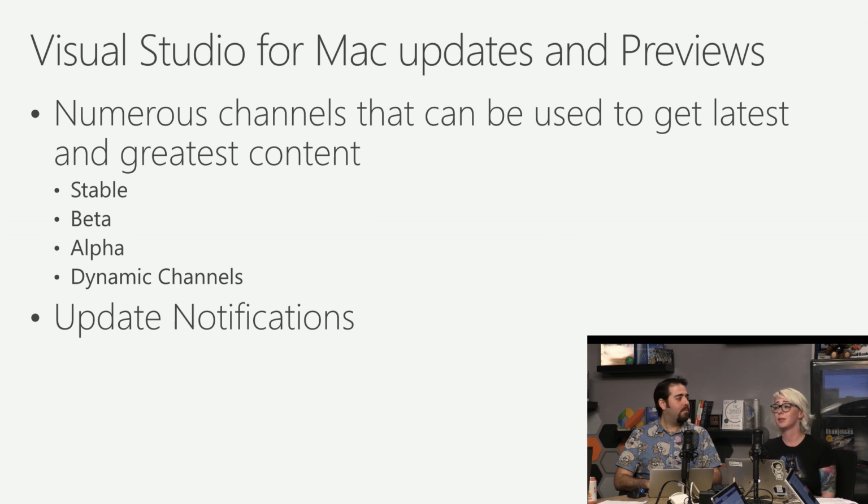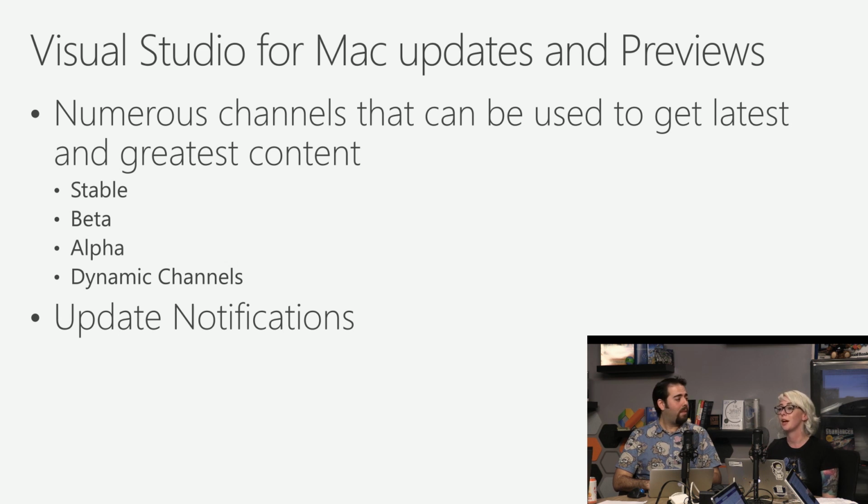So we have 3, maybe 4 channels in the updater dialog. That is stable, which is the releasable content that we're pretty happy with. We have the beta channel, which is our preview, so you can stay up there for all the juicy goodness. And the alpha channel is our weekly build, which is literally the latest and greatest content.